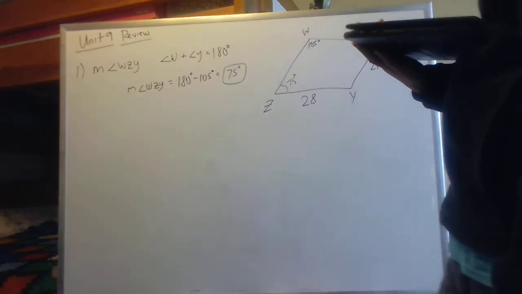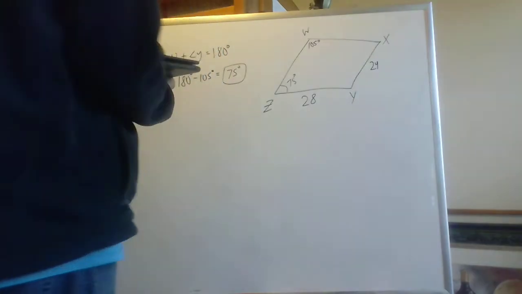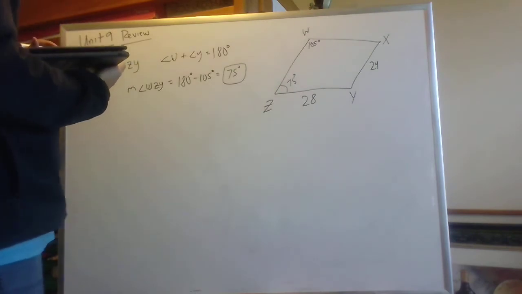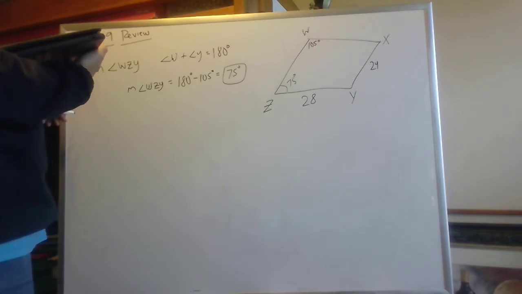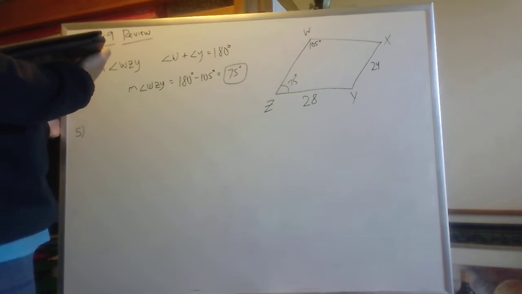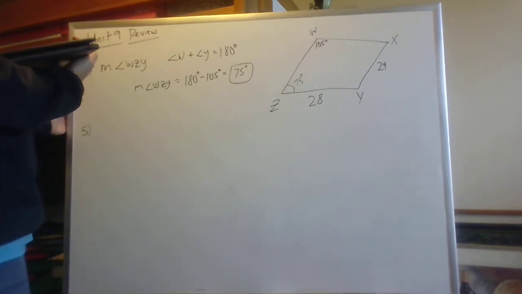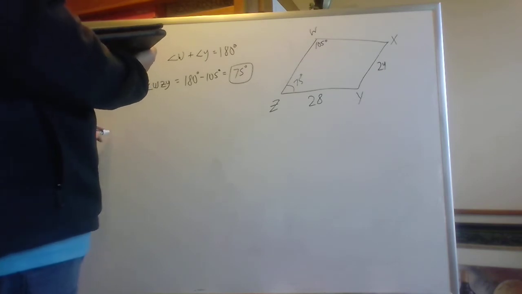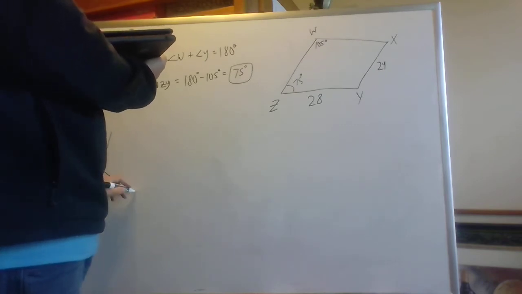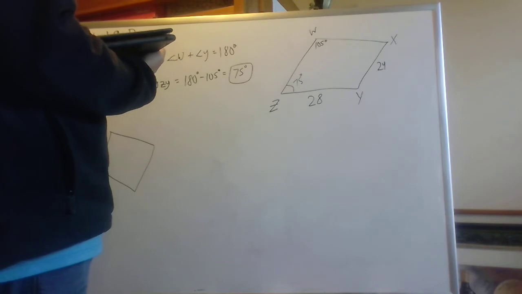Okay, so the next problem we want to do is number 5. Number 5, I believe, says, find the value of each variable in each parallelogram. So again, it's just like the problems that you're going to do, number 1, 2, and 3. So we have this parallelogram that looks like this.